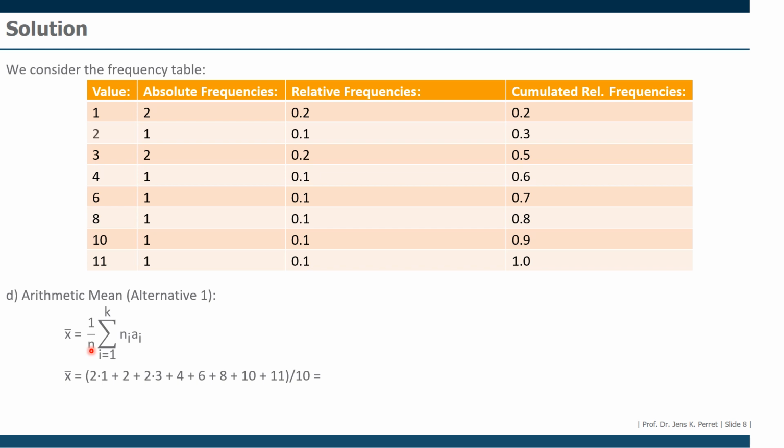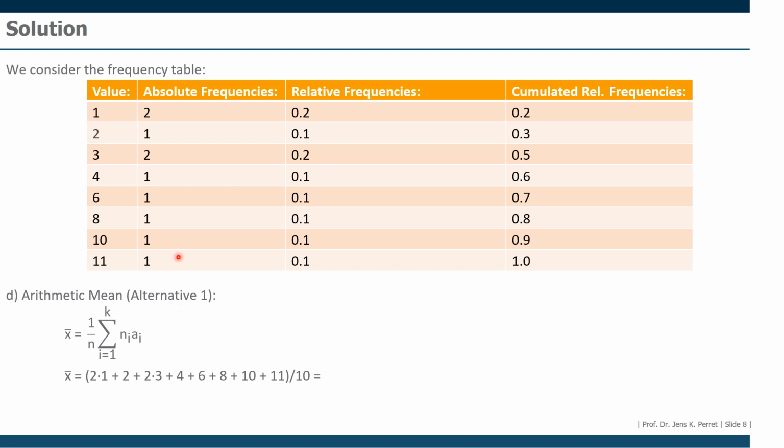So if I do this, I see it becomes a bit smaller since I'm not going to write the 1 twice and the 3 twice, but I'm going to summarize this a little bit. Well, in this case, I have a lot of values with frequencies of 1, so this alternative does not really save a lot of time.